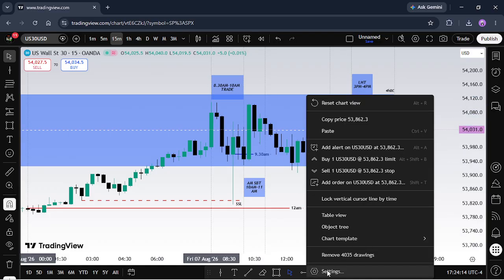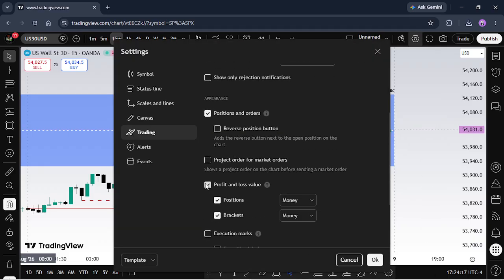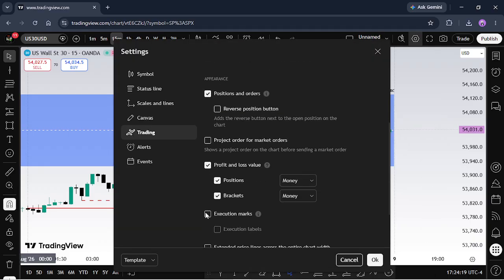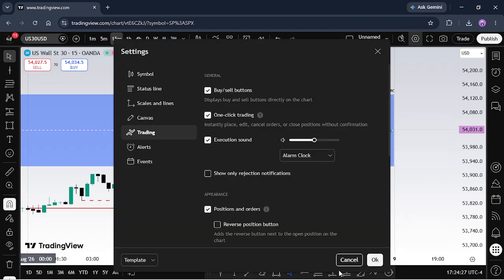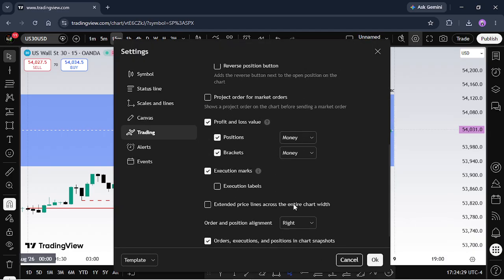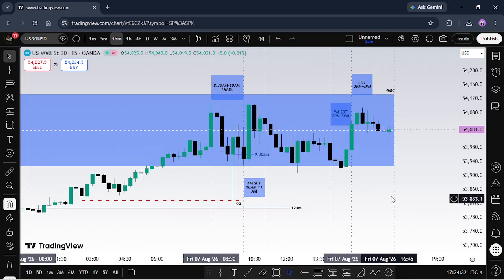Okay, let's see where I took the trade. Execution marks. Where are the execution marks now? Did I click on it? So why is it not showing?